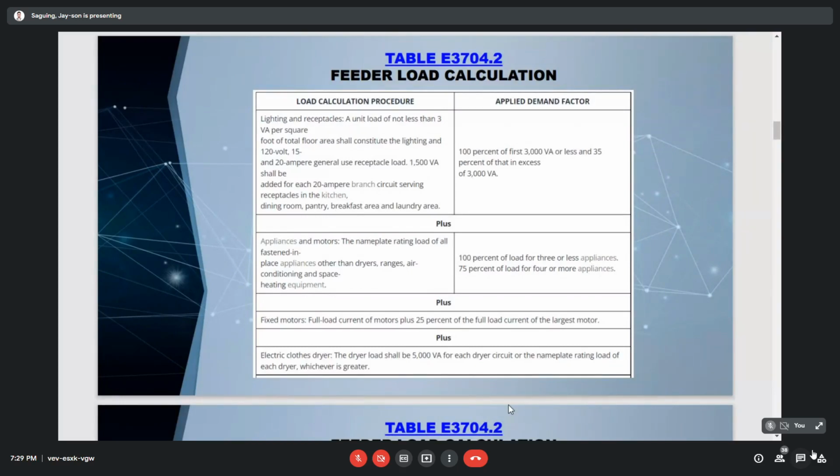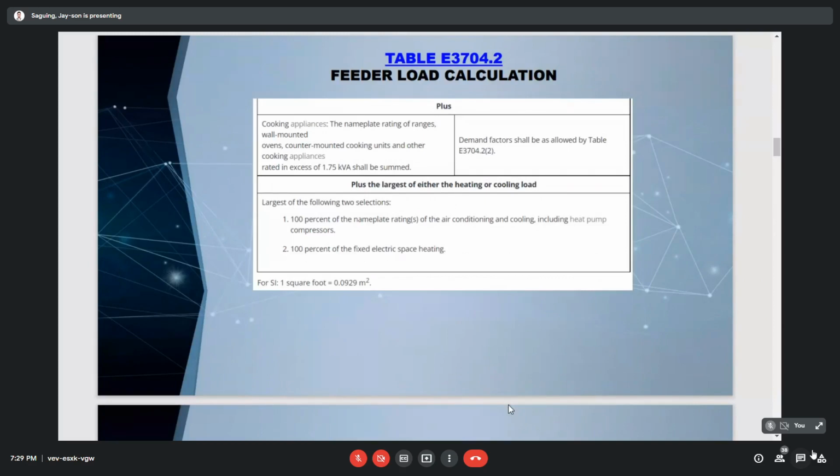For the load calculation procedure, first, lighting and receptacle, plus the appliances and motors, plus fixed motors, plus electric clothes dryer, plus the cooking appliances, and lastly, plus the largest of either the heating or cooling load.